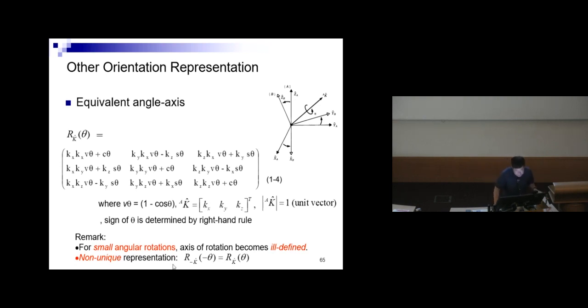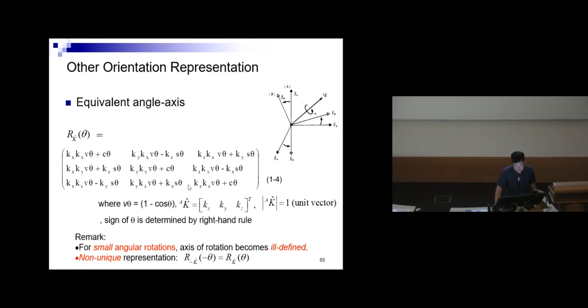When you have a small angular rotation, the axis of rotation becomes ill-defined. You may also end up with a non-unique representation. For example, in this case, R of minus k hat, minus theta is equal to R of k hat, theta.